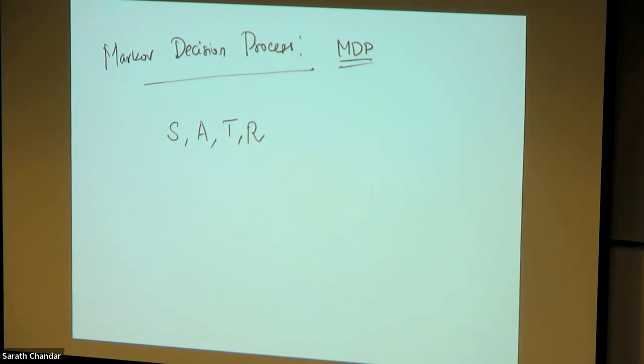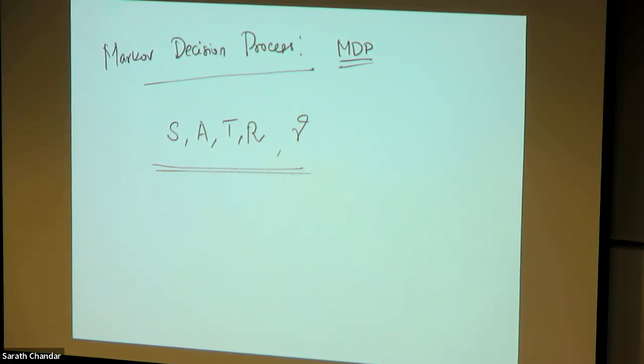You could also add gamma to the definition of MDP, because by changing gamma, you have a different set of problems to solve. This bunch of entities together defines a Markov decision process.